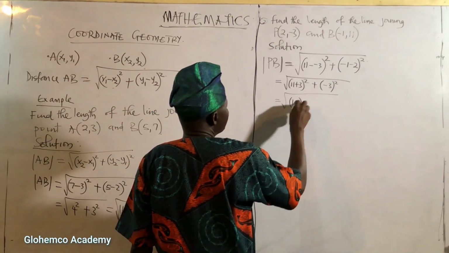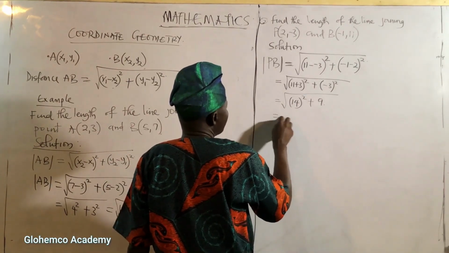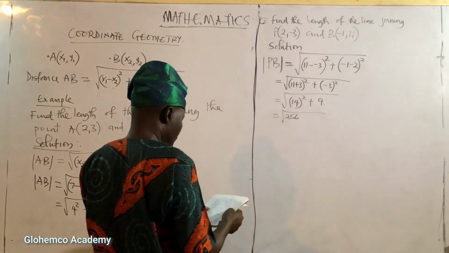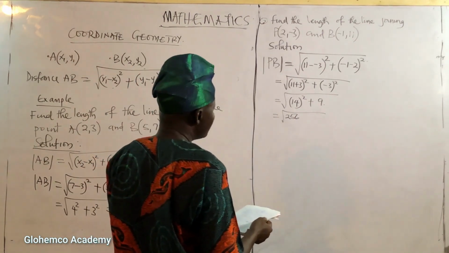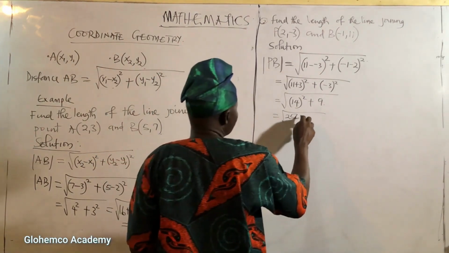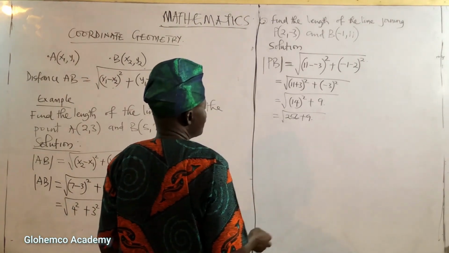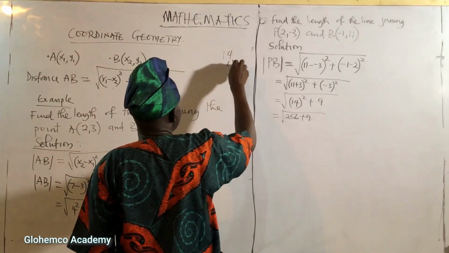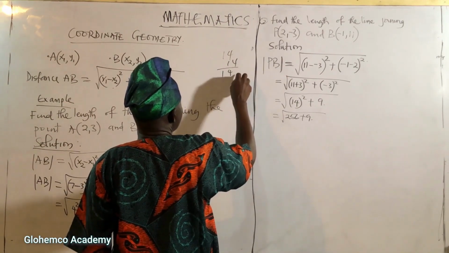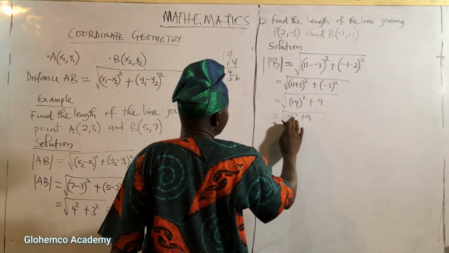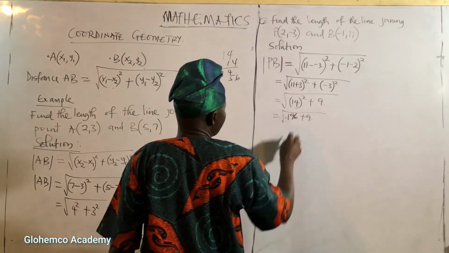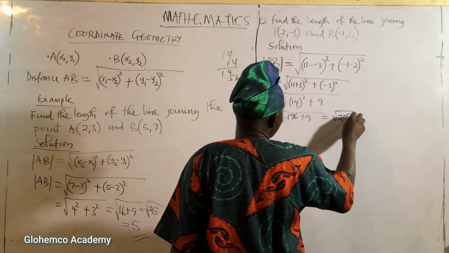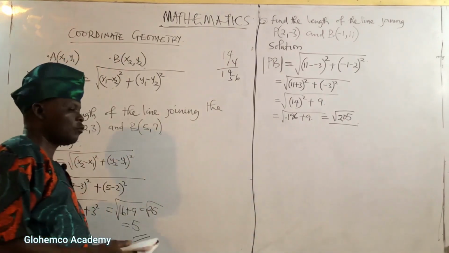This is 14 squared plus 9. 14 multiplied by 14, sorry, 14 squared is 196. 196 plus 9 will give us the square root of 205.